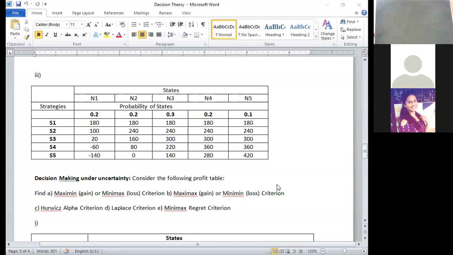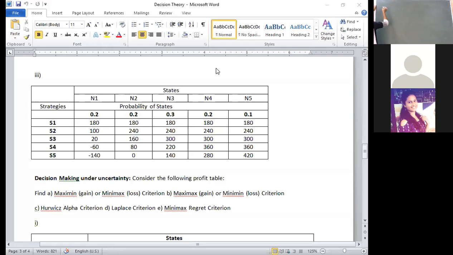By calculating decision making under risk, only then we know the probability of occurrences. While solving decision making under uncertainty, we don't know the probabilities. To calculate decision making under uncertainty, we are having 5 methods.